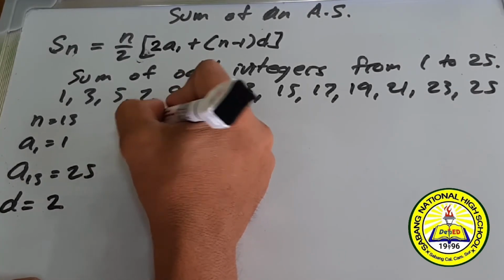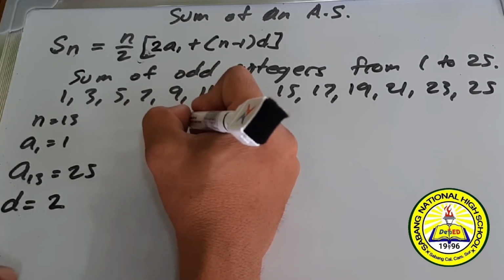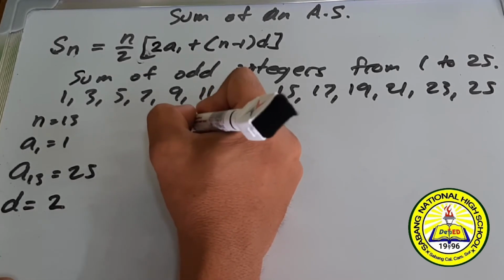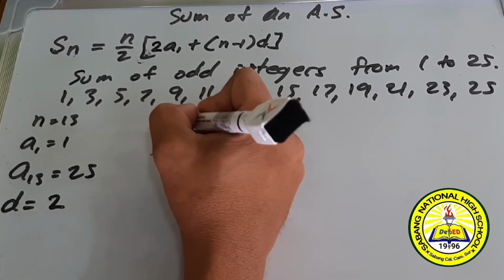So we have to find the sum of the first 13 terms.